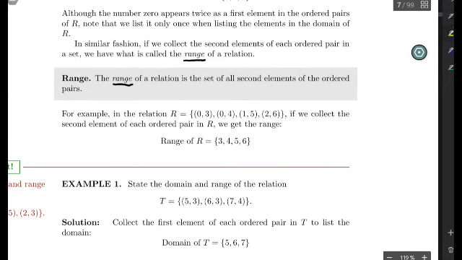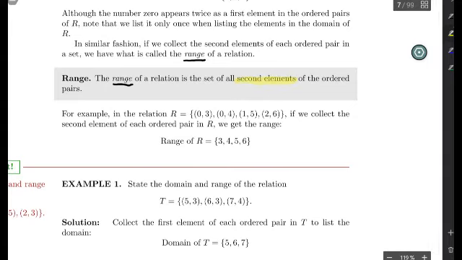So we'll highlight in yellow the key part of the definition. Notice the second elements, 3, 4, 5, and 6. And the range here is 3, 4, 5, and 6.